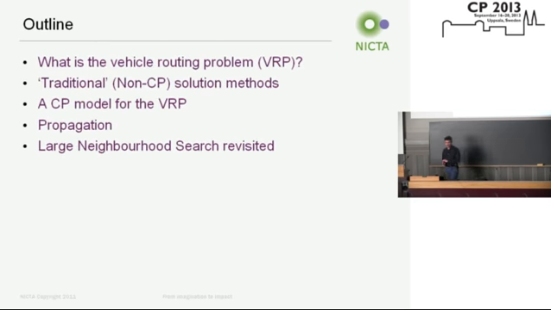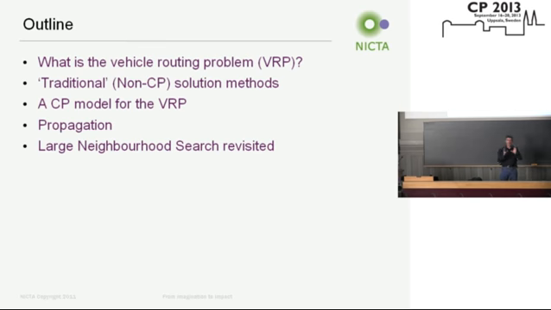Okay, so what we're going to be talking about today. We'll look first of all at the VRP and why it's an interesting problem to be studying, both in terms of its use and its interesting aspects. We're going to have a look at some traditional, and by that I mean non-constraint programming, approaches to solving the problem, and then move into looking at a CP model.